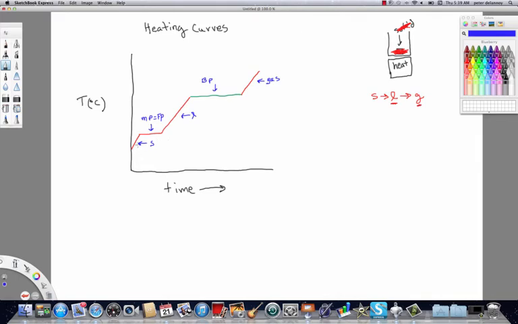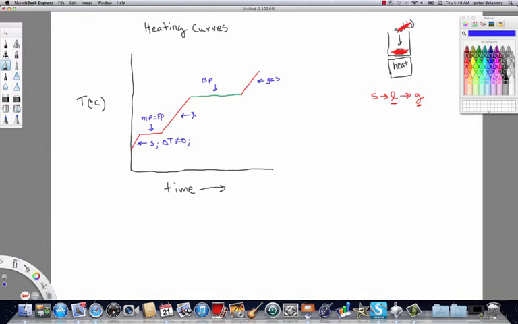Now, what I'm going to do first is talk about the sections where the temperature is actually changing. In these areas, if we are more specific about the temperature, we call this delta T, meaning the change in temperature. In these regions, the change in temperature is not zero. The temperature is going up.